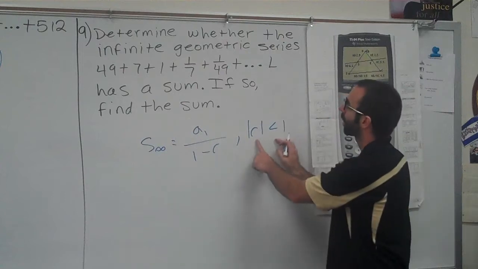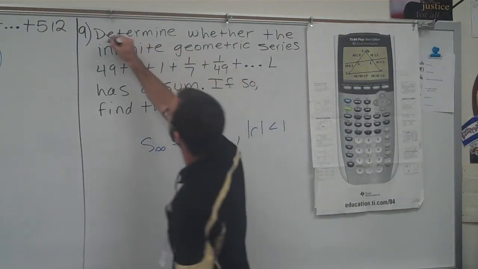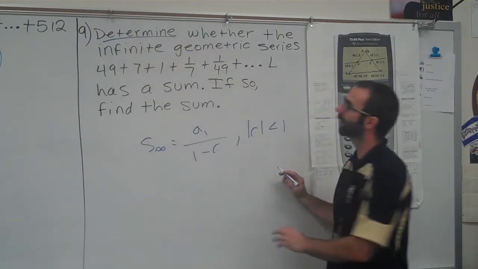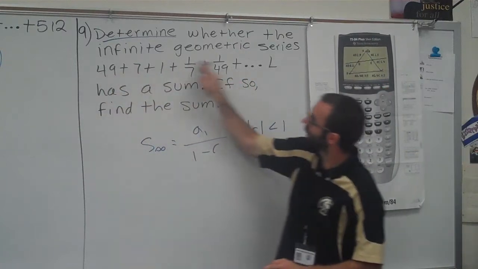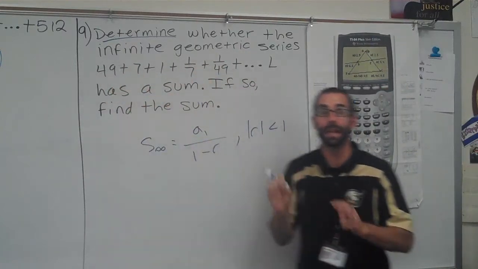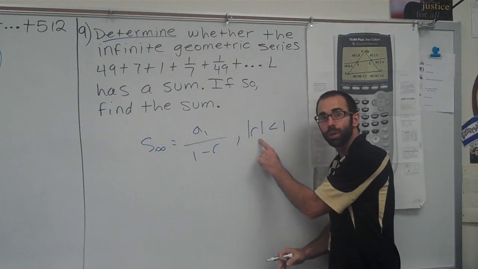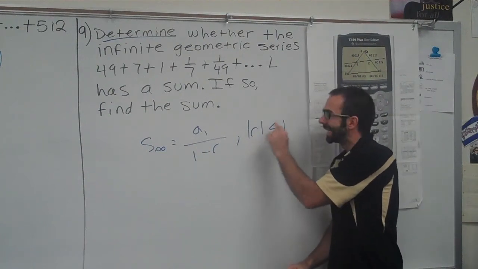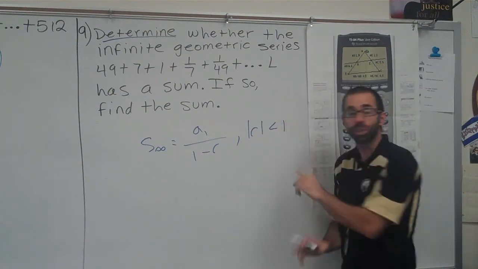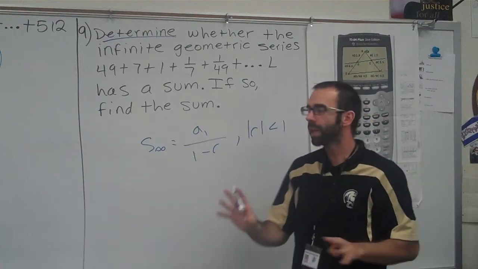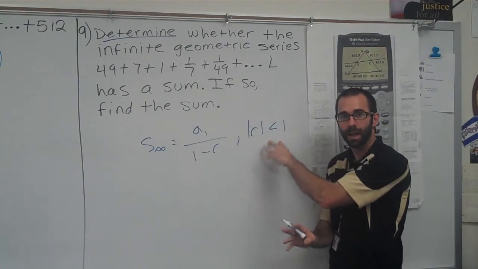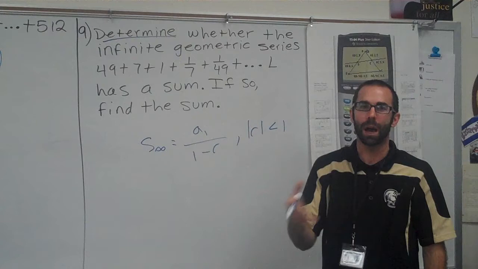And this is the point where it says determine. Determine whether this series has a sum. This is how you determine. Because if your r is not less than 1, then you could stop and say it's not possible. And if it is less than 1, then it can, and I want to demonstrate why that works.